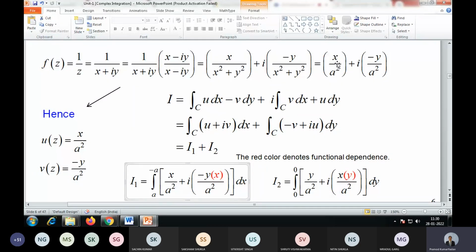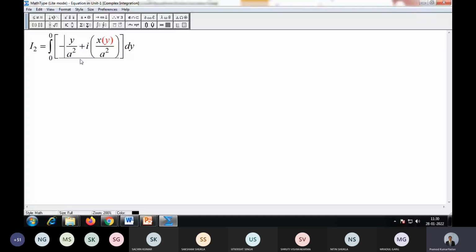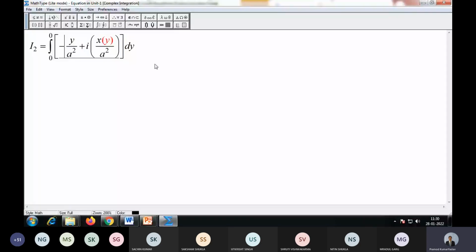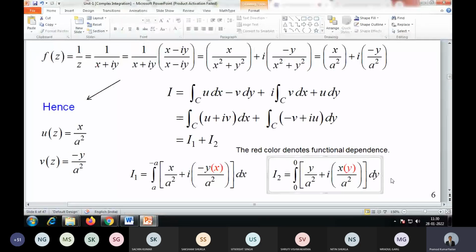So minus y by a square, there is some minus sign here, but as per this, v is already minus, so it becomes plus. So x and y are functions of x, so I think you can integrate this one as well as this one.